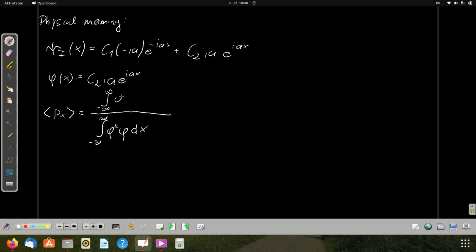And now we write, as known from quantum mechanics, the momentum operator.